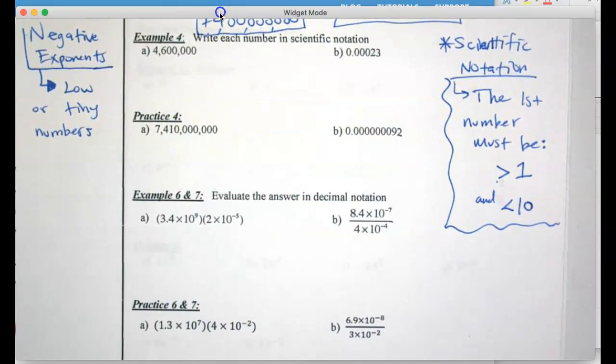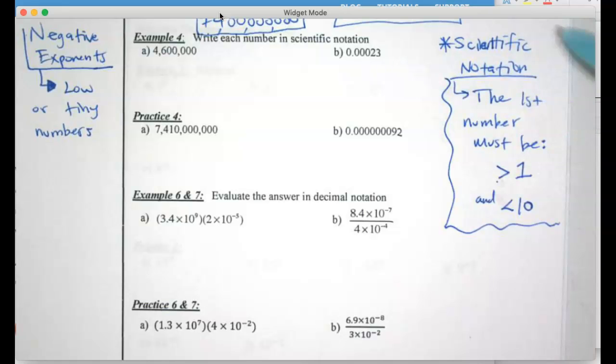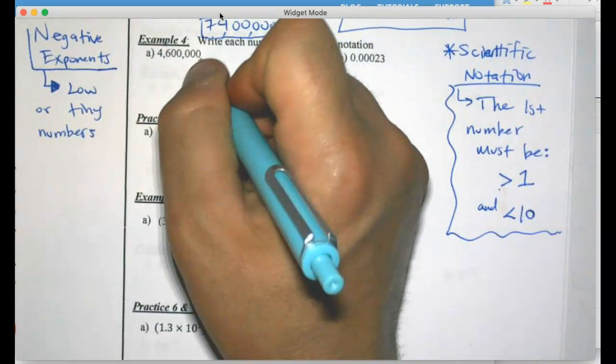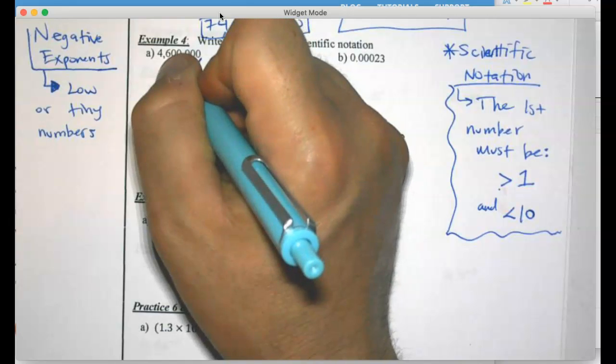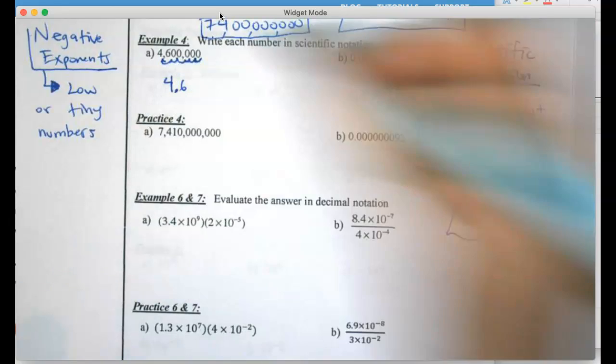Okay guys, so next problem here. Just a quick note: when I change these numbers to scientific notation, the rule is that the first number has to be greater than 1 and less than 10. So for the first one, I'm going to have to move the decimal, let me count, 1, 2, 3, 4, 5, 6. I have to move it 6 spaces, because that'll leave me at 4.6.